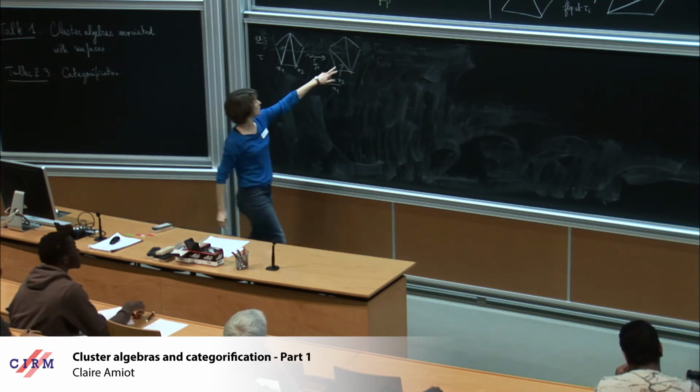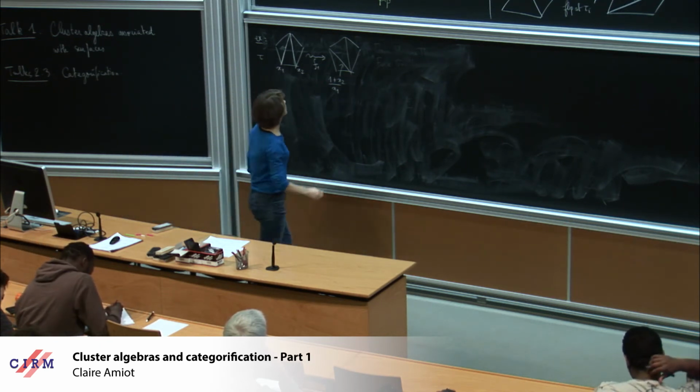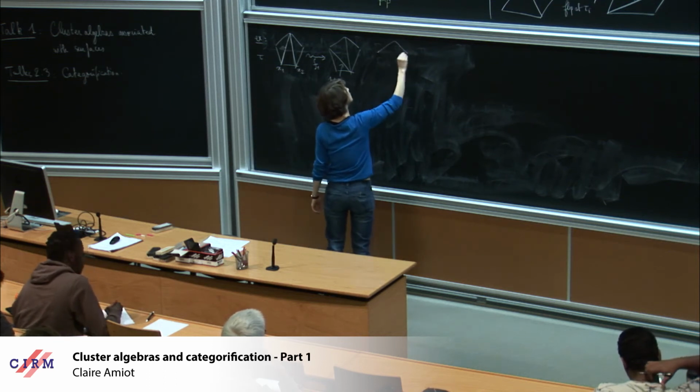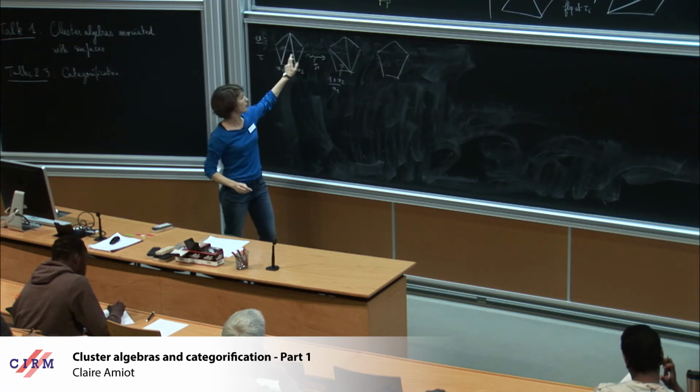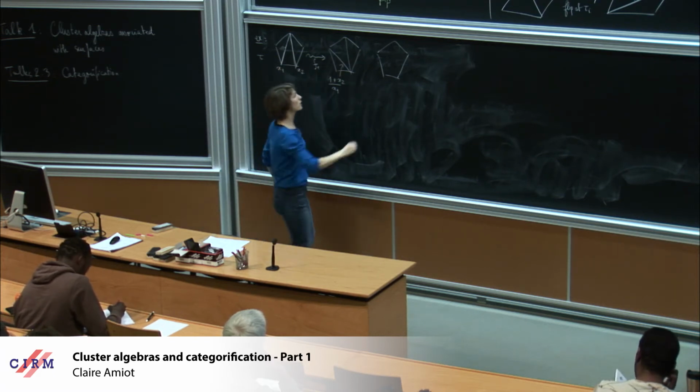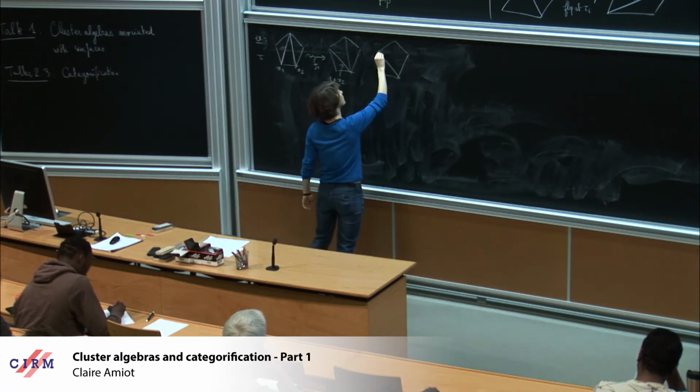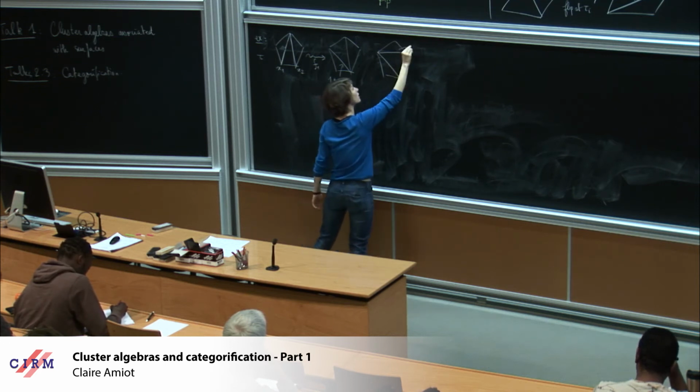So this is what you get for this arc. Then you can continue. If I flip this one, I just go back here, so I have to flip this one, and then I will get this arc.